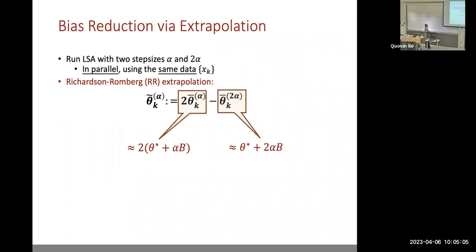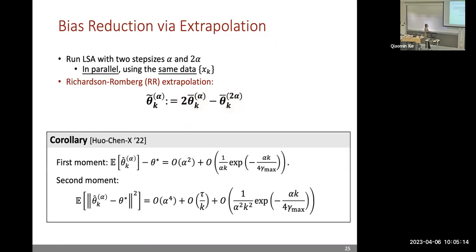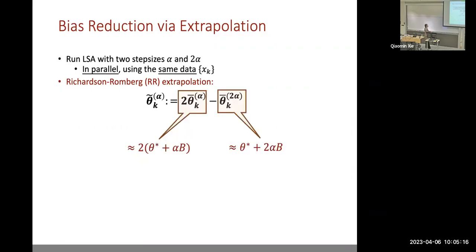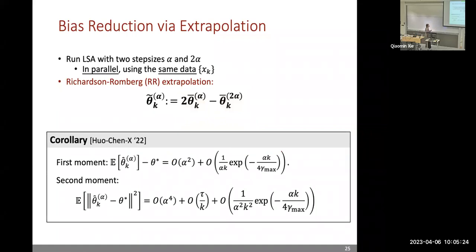And the second one, because we use the step size 2 alpha, the bias roughly scales with 2 alpha. Now, if we choose the coefficient 2 here, then this will allow us to eliminate the bias, and we only reduce the bias to higher order dependence on alpha. So that's the idea we use to reduce the bias by this extrapolation.